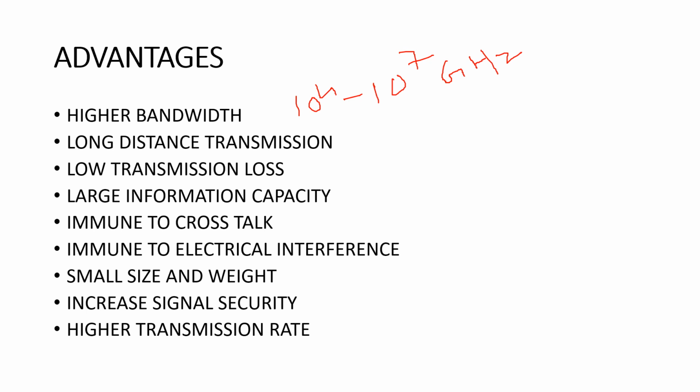The next will be low transmission losses. The optical fiber has very low transmission losses as compared to conventional electrical cables. In optical fiber, the optical signal is well confined within the fiber. The next will be large information capacity.